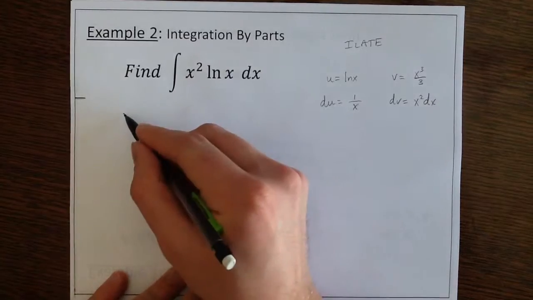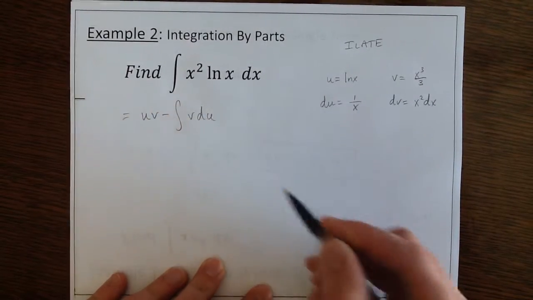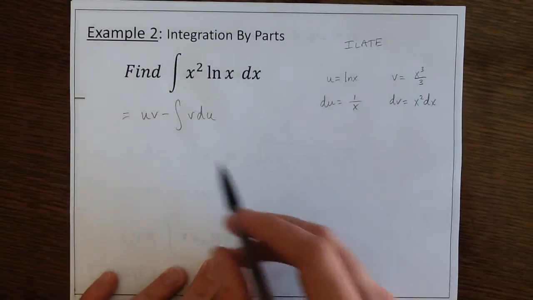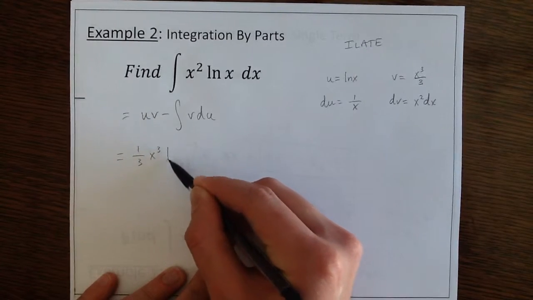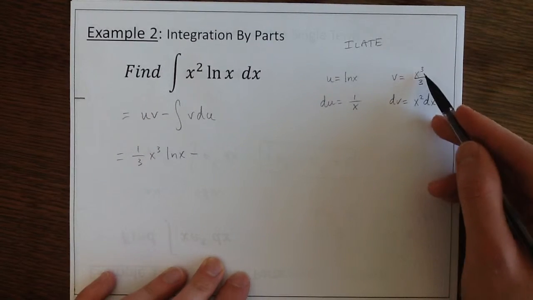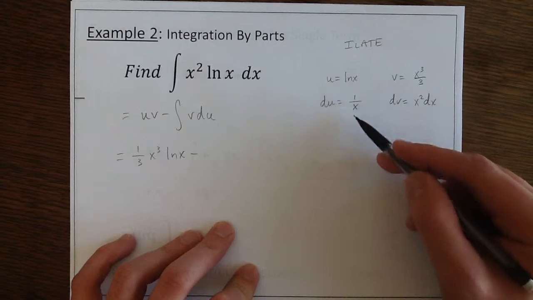So putting it through the formula one more time, we know this is u times v minus the integral of v du. So the natural log times x cubed over 3, or 1/3 x cubed, would just be 1/3 x cubed times the natural log, minus, and then here we have x cubed over 3. So you could say this is 1/3 x cubed times 1 over x.